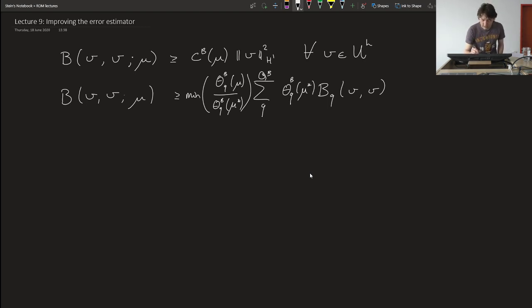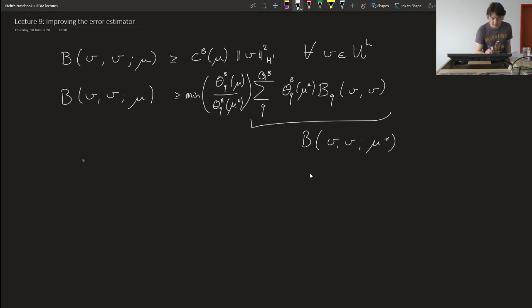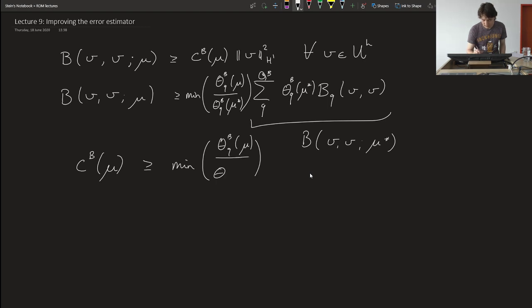For this guy, we saw that this is exactly B at the reference location. So using that, we find that the true stability coefficient at any parameter mu has as a lower bound this min theta strategy multiplied by the CB at this reference location.